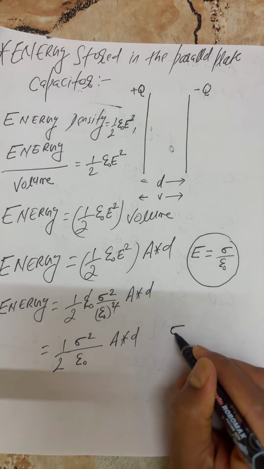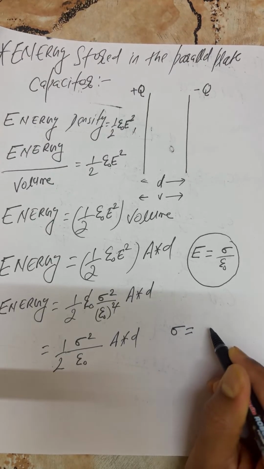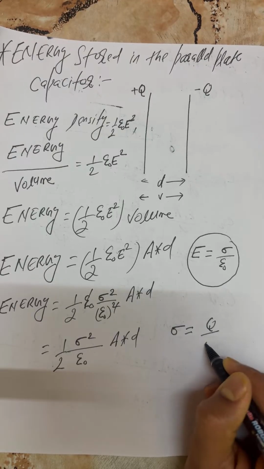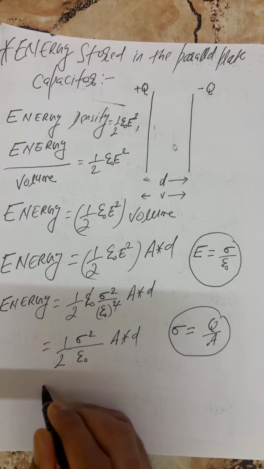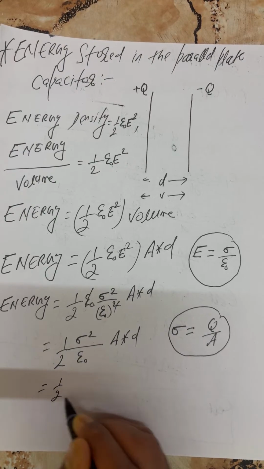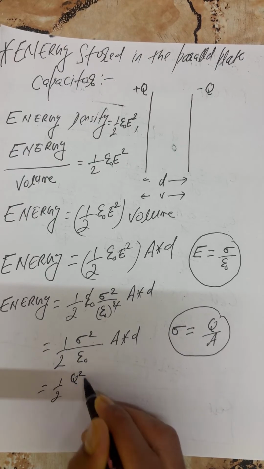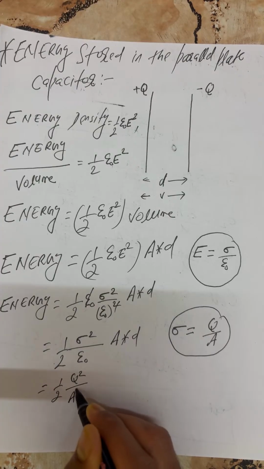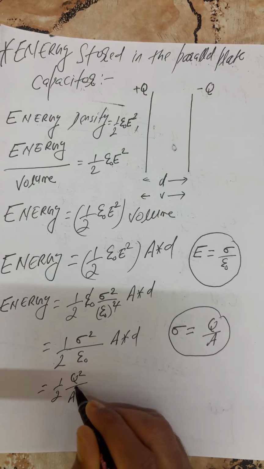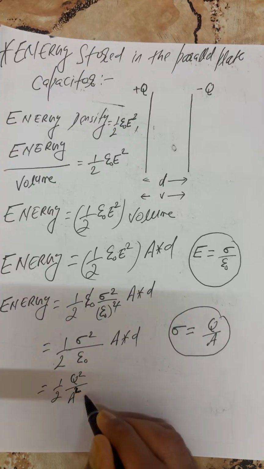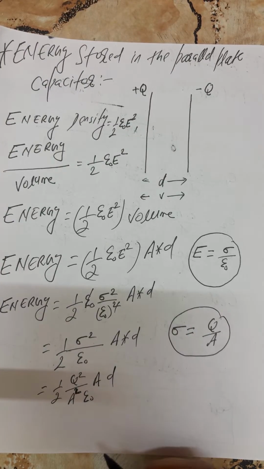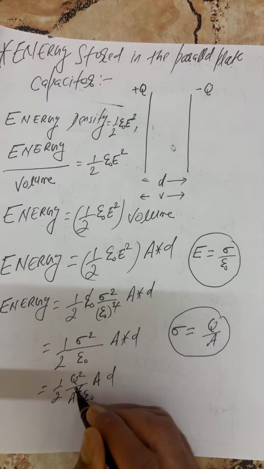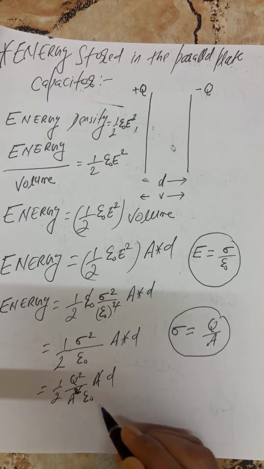Sigma, beta, just now I said here, sigma is charge per unit area. So I'll use, my dear, half Q square by A square, Q square by A square epsilon naught into A into D. You can see A and A cancel.